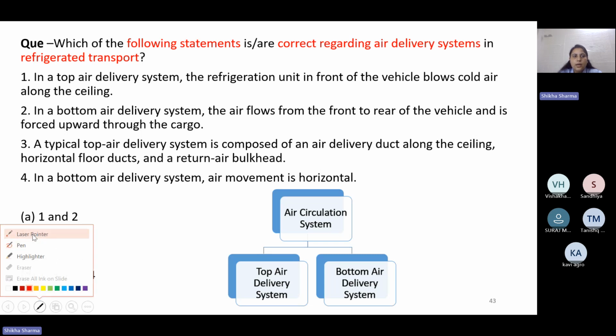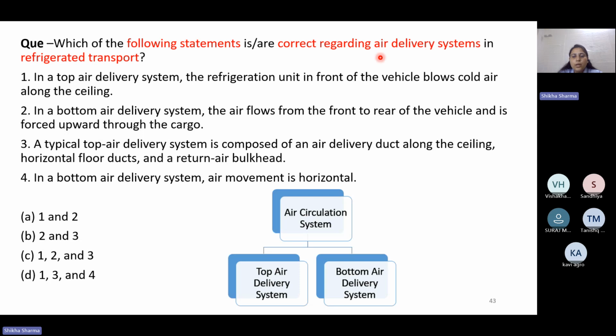We have different air circulation systems in that. One is the top air delivery system, second is the bottom air delivery system. We should tell which statement is correct regarding that.